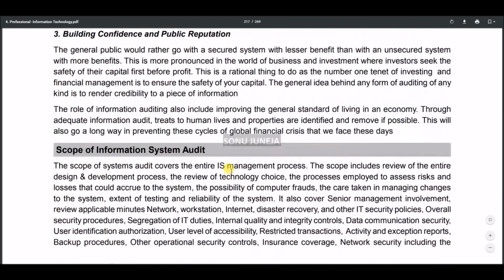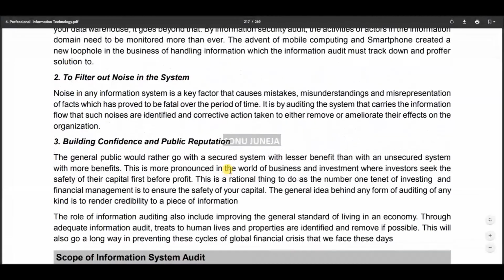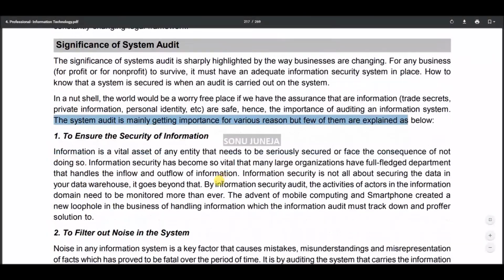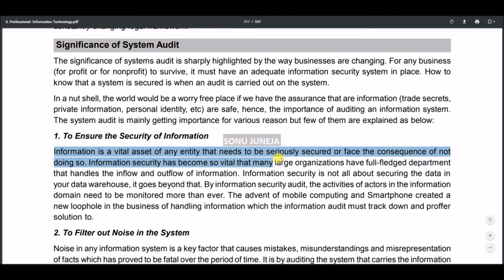So these are the few, the importance. So ensure the security of information. Obviously, it is your vital asset that needs to be seriously secured for face consequence of not doing so. Information security has become so vital that many large organizations have full-fledged department that handles the inflow and outflow of information.